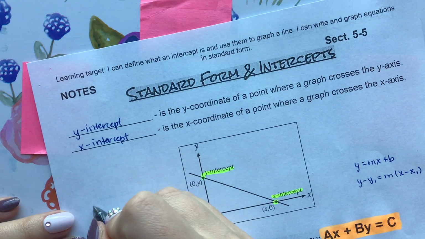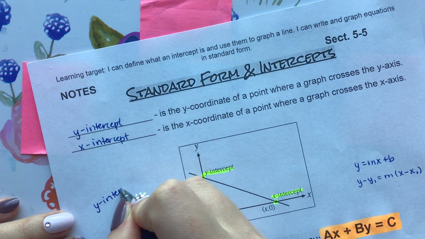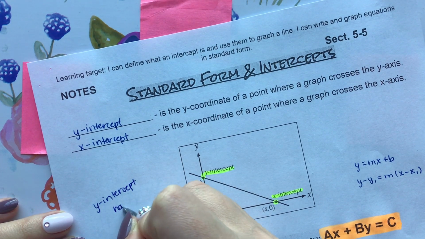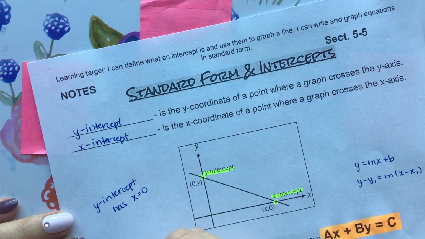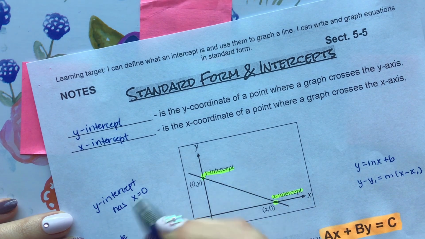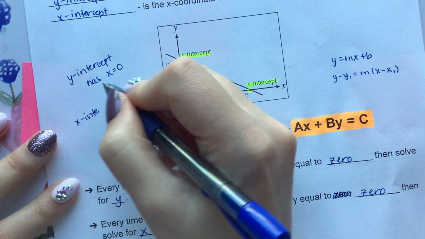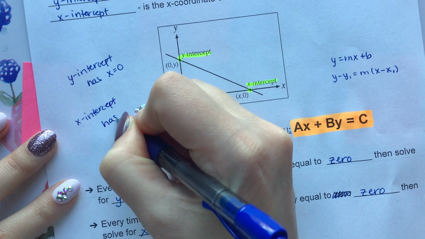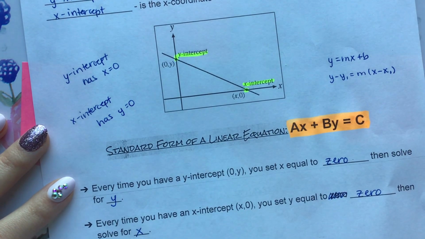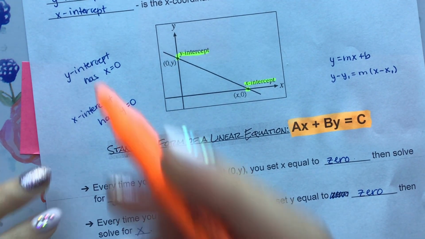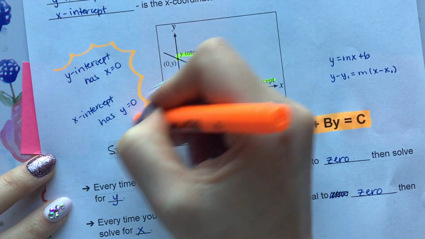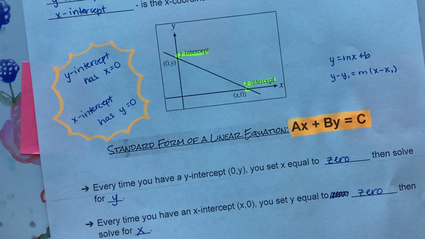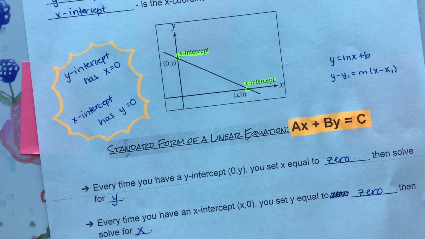So, y-intercept has x equal to 0, and then an x-intercept has y equal to 0. That's the main gist of what we're doing today. Y-intercepts have an x equal to 0, x-intercepts have a y equal to 0.